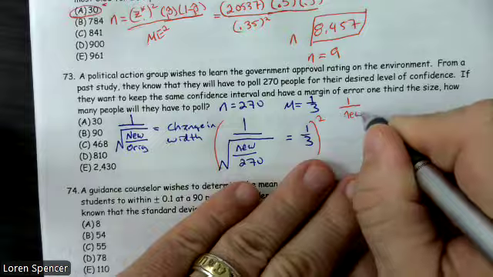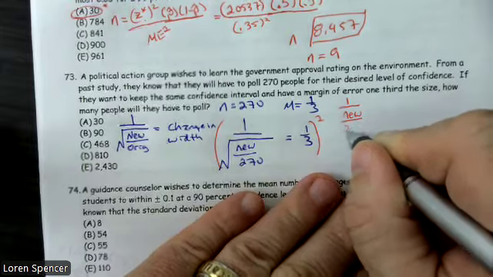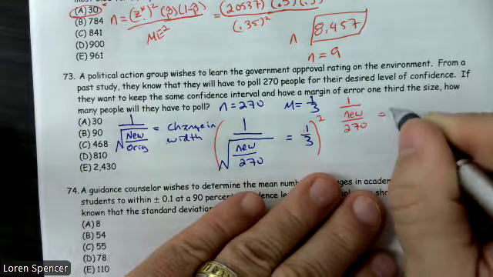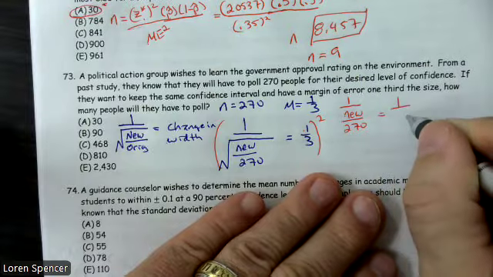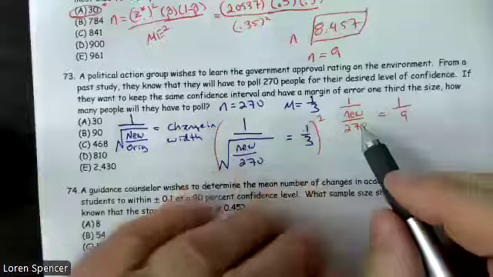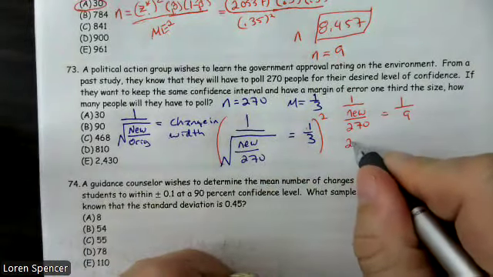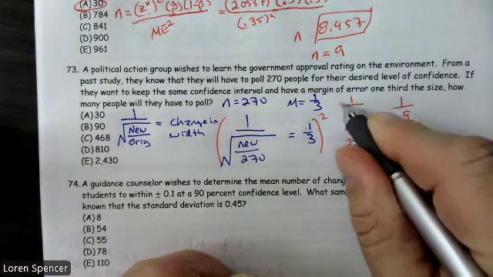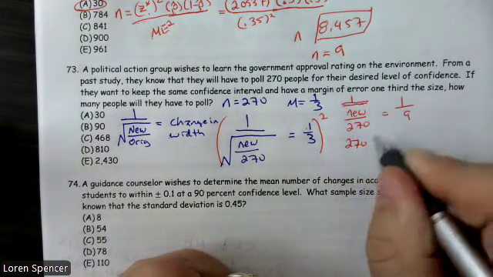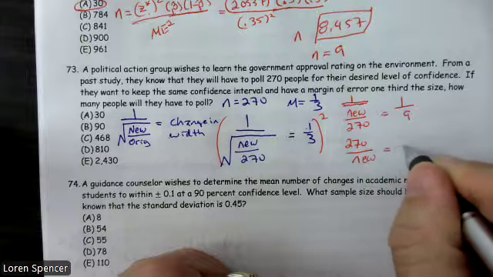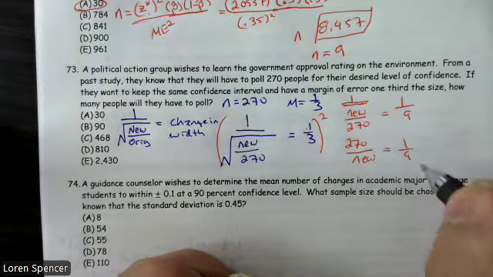The square root drops off, and we just have new over 270 down here equals, well, 1 squared is 1, and 3 squared is 9. Well, this flips over, and we end up having 270 over the new equals 1 over 9.